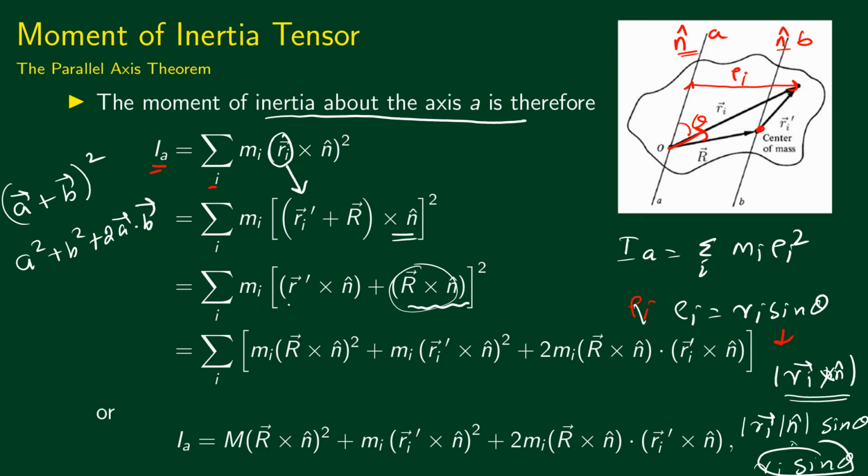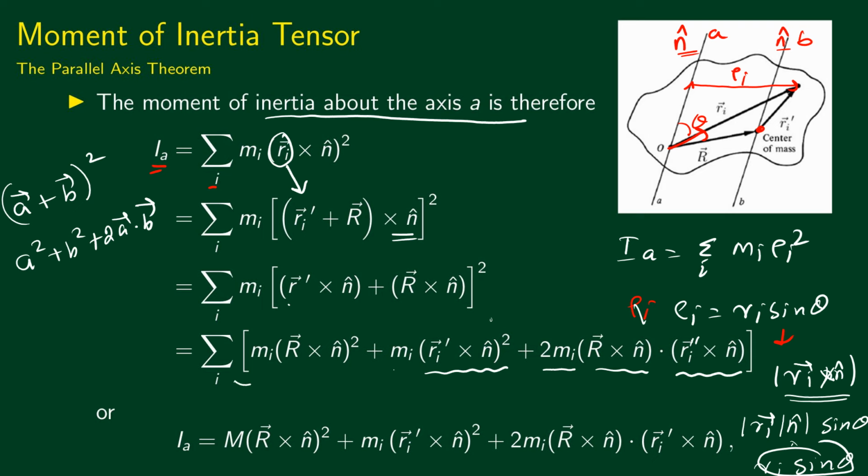So it becomes sum over I mi (R cross n hat) square. We also have the square of this term, which is mi (Ri vector prime cross n hat) square. And then we have 2a vector dot b vector, which is 2mi (R cross n hat) dot (Ri vector prime cross n hat). I hope that's clear.